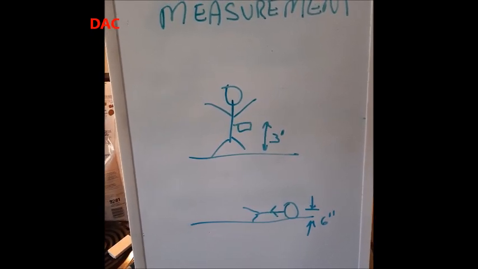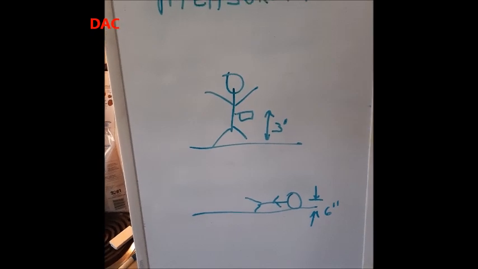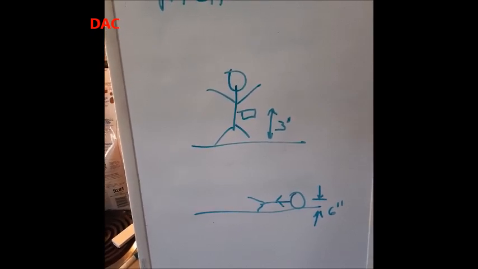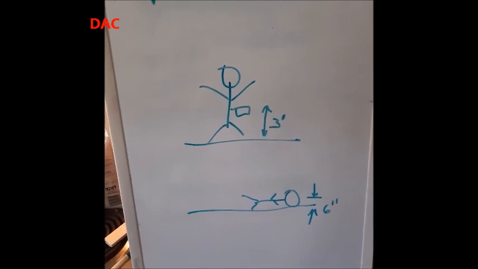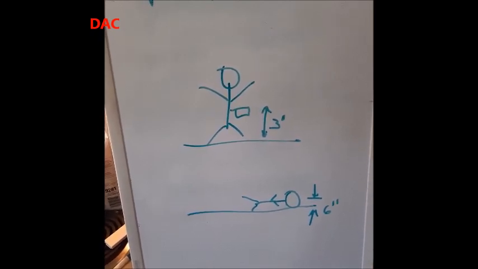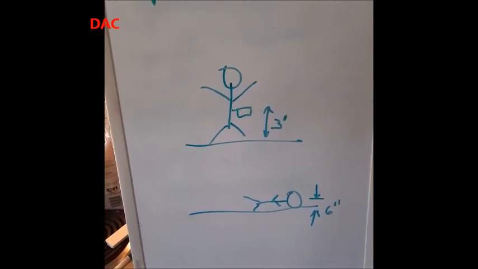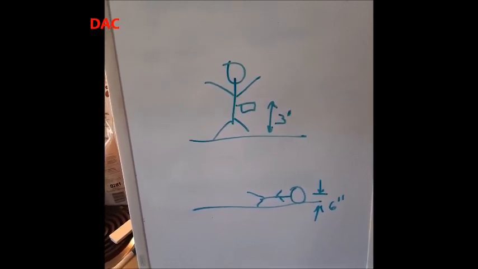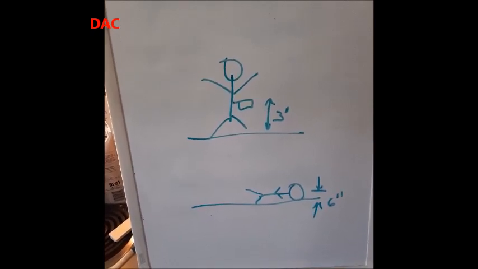So if you're standing up, your whole body radiation dose is going to be less than if you're laying on the ground. So let's say you're laying on the ground, taking cover, or you think the radiation levels have dropped low enough from a 3 foot measurement that you go outside and you sleep on the ground, or you lay on the ground to do work, and your body is an average of 6 inches above the ground.